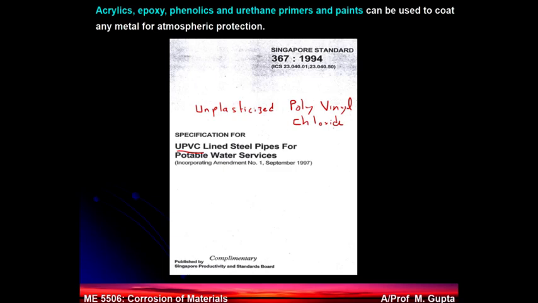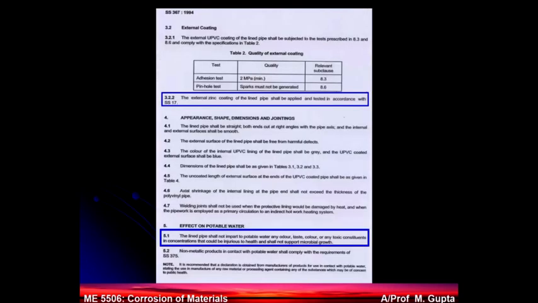So these kinds of polymeric coatings are given to the surface of the steel pipes that carry water so that there is no corrosion. Now let's try to go a bit deeper into this standard to have a better understanding.